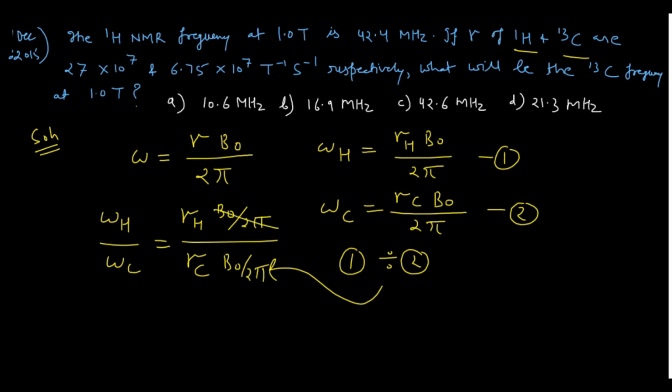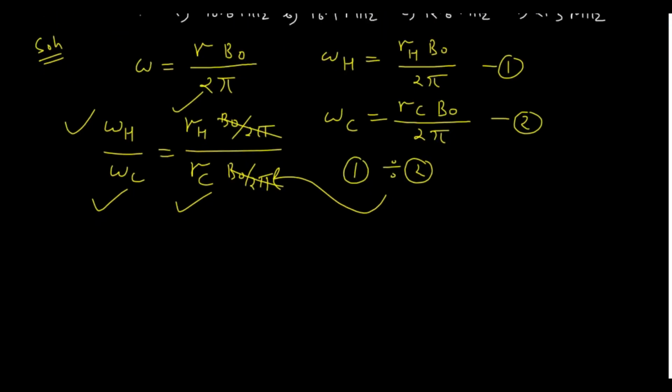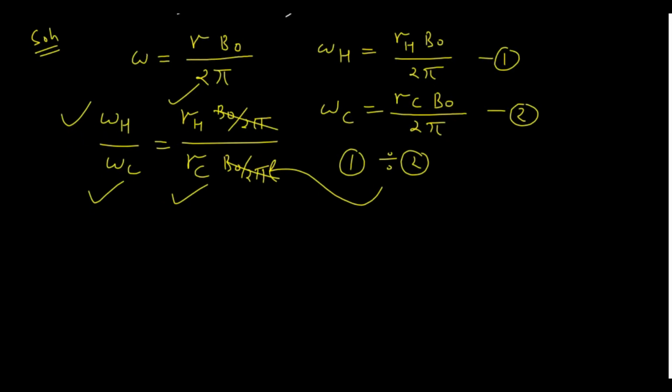These get cancelled and you are left with omega H over omega C equals gamma H over gamma C. If you want to put in the values, it is quite easy.